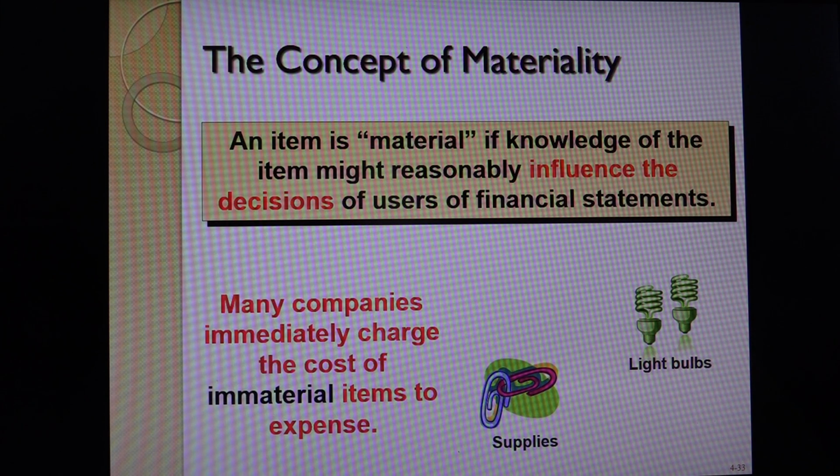Now, we might list those as supplies and go in there every year and look at how much supplies we've used, and overall supplies we might expense once we know we've used them, but we're not going to get into too much detail on that.